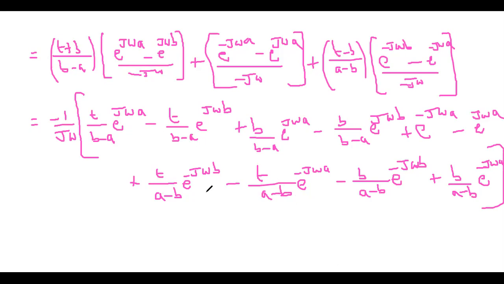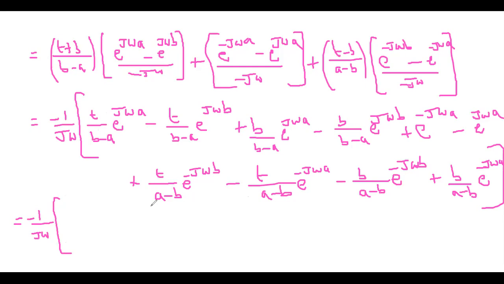You see the first two terms and here the two terms, −1 by jω. Take the t by (b − a) and t by (a − b).